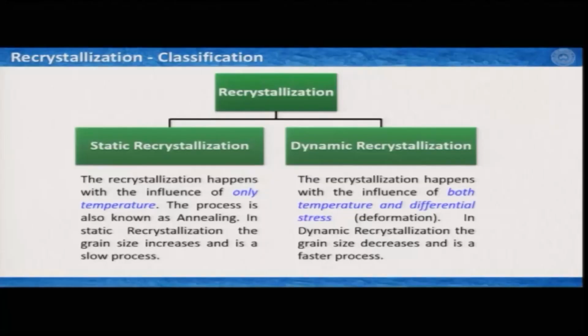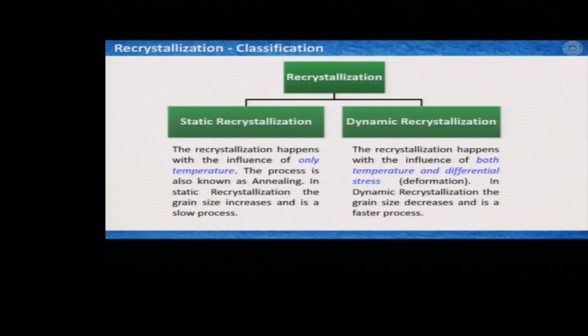There is also another subcategory of recrystallization other than static and dynamic recrystallization, and this is known as metadynamic recrystallization. So, after the dynamic recrystallization, if you have static recrystallization, and then again if the cycle continues, what happens in between is known as metadynamic recrystallization. We are not going to that part right now.